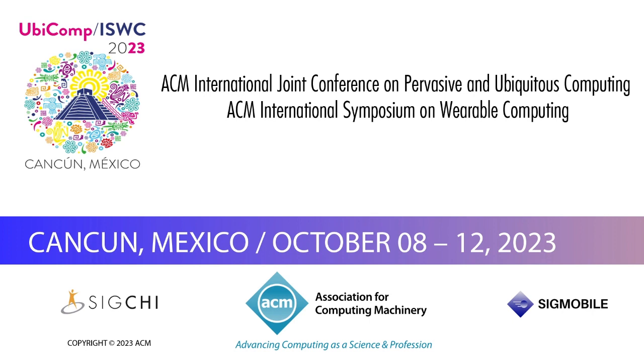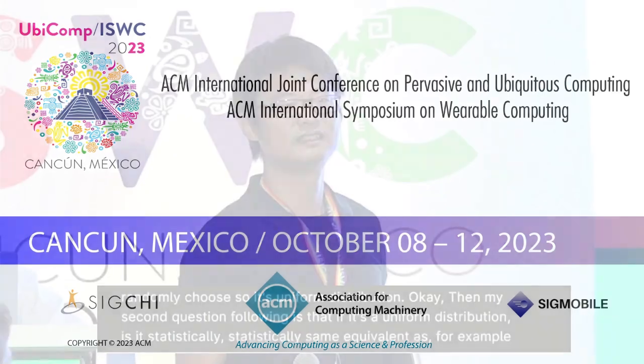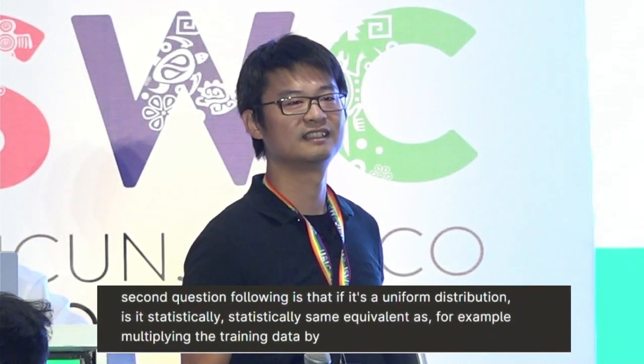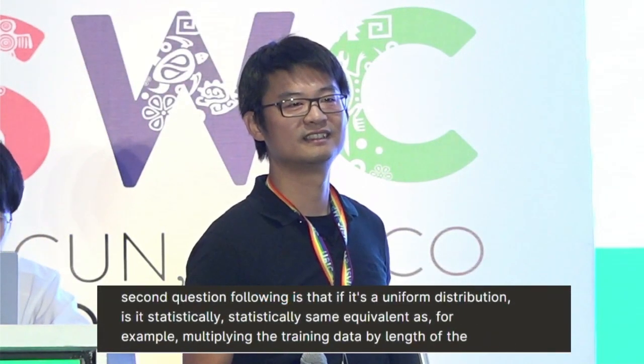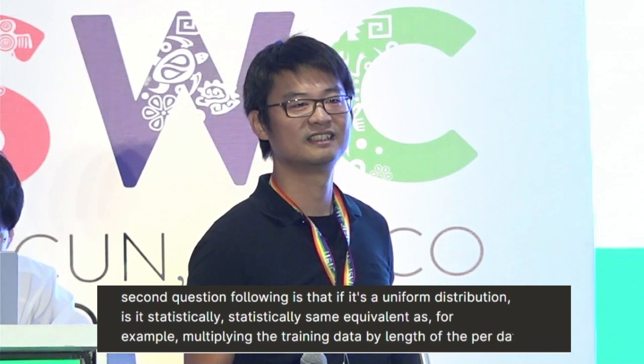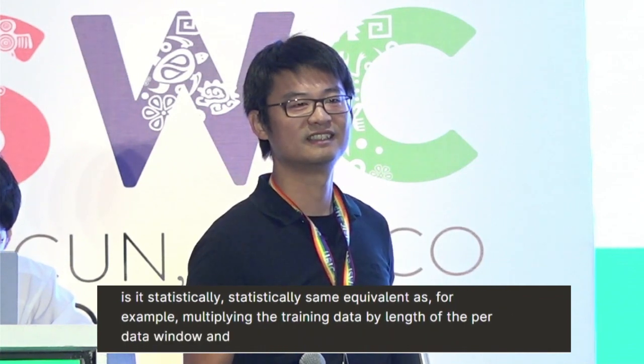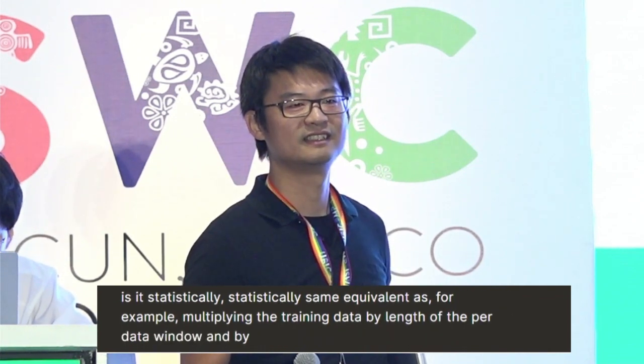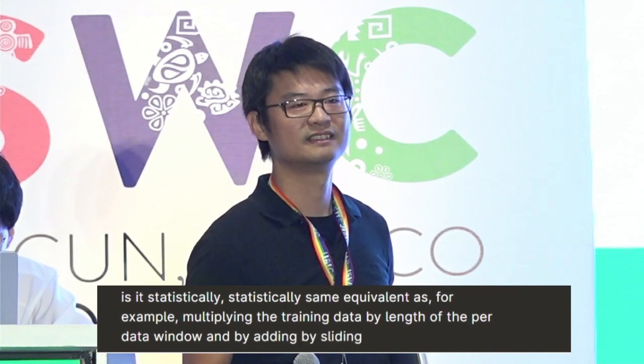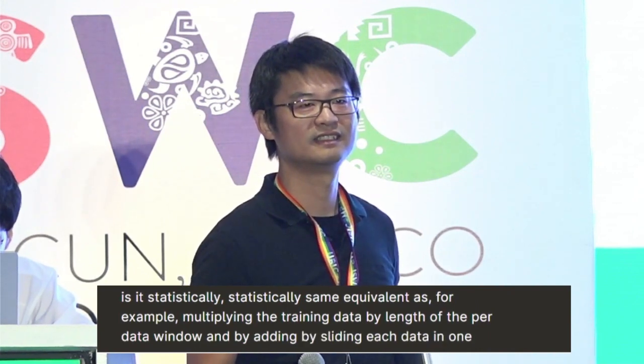Then my second question: if it's a uniform distribution, is it statistically equivalent to, for example, multiplying the training data by the length of the data window, and sliding each data in one time frame? Do you get what I mean?